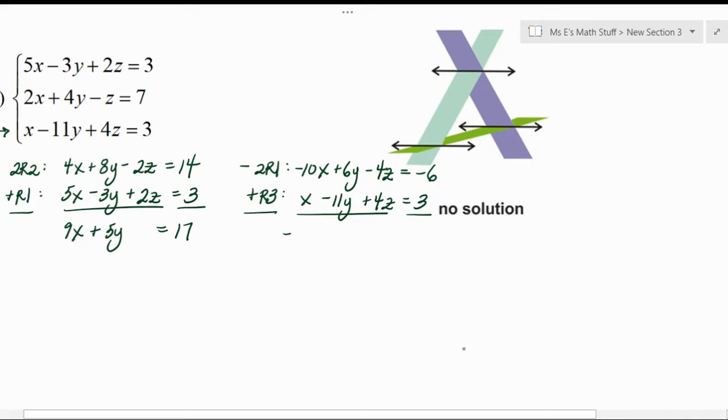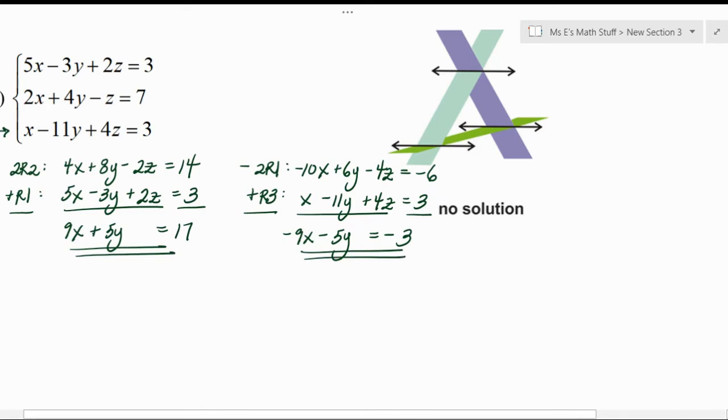Okay, and we've got -9x minus 5y plus 0z equals -3.